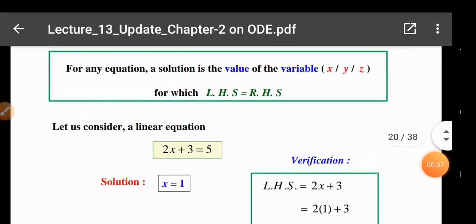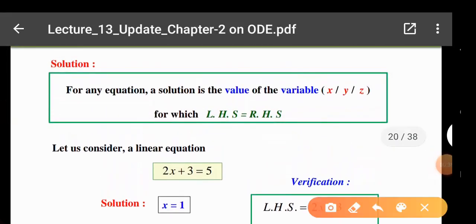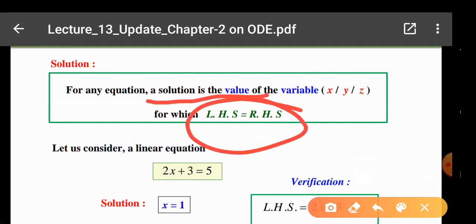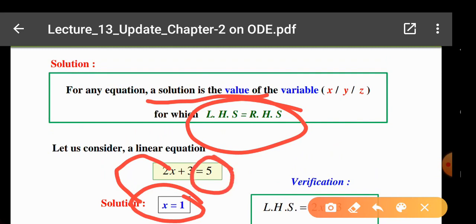So we can define a solution this way: a solution is the value of the variables for which the left hand side and right hand side are equal. You can see for x equal to 1, the left hand side gives us 5, which is also the same as the right hand side, so x equal to 1 is the solution, no doubt.